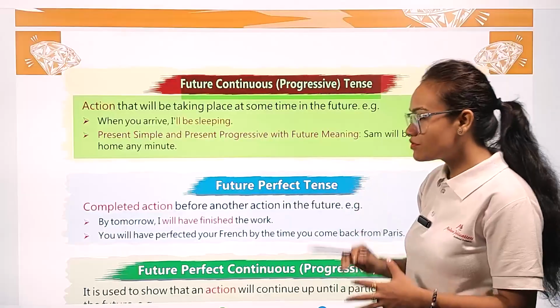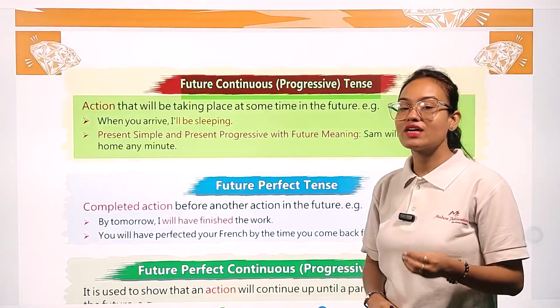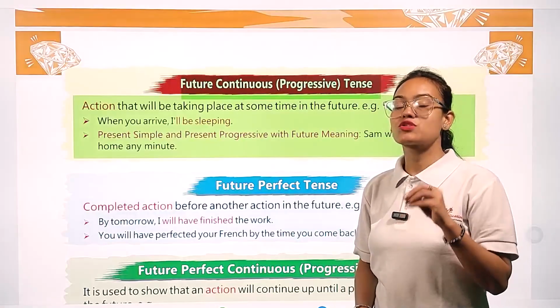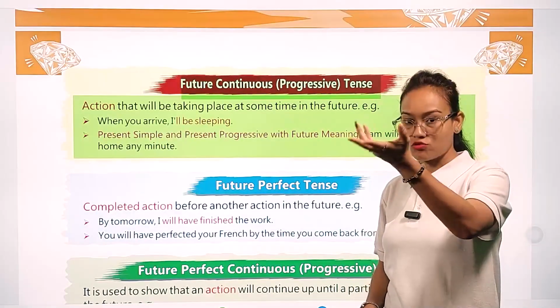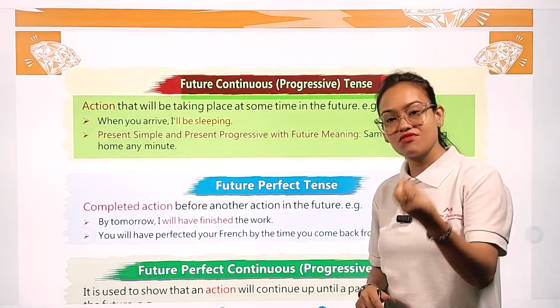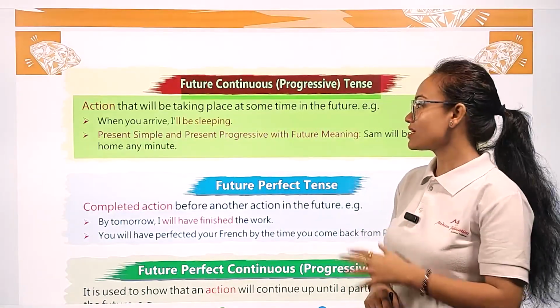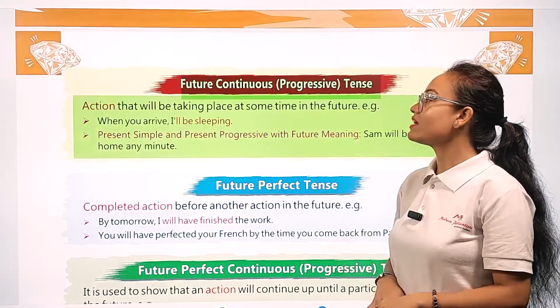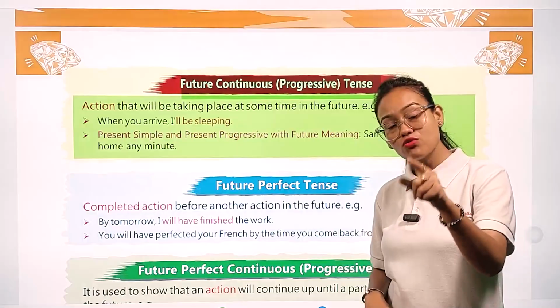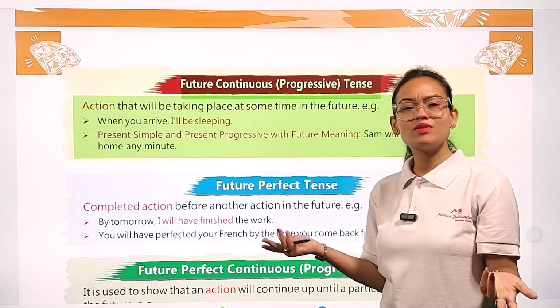So in the future continuous tense, we mention that this particular action is going to take place in the future at a certain point of time. Example, you can say, when you arrive, I will be sleeping. Here you already know that at the time you arrive, I will be sleeping.